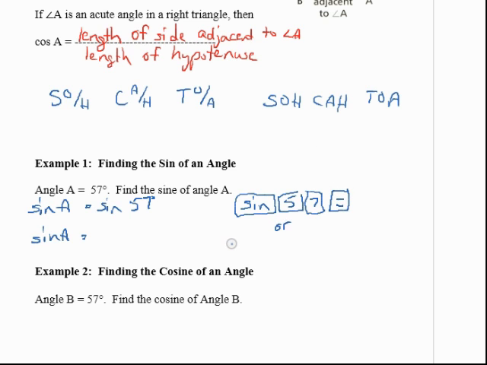Some calculators you would need to put the 5 and the 7 and then hit the sine button. Usually if that's the case, you don't have an equal sign. But you need to check your calculator.